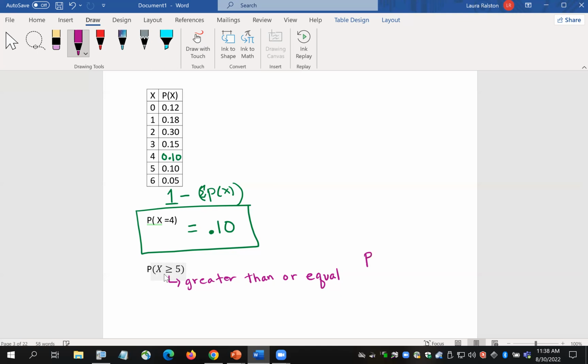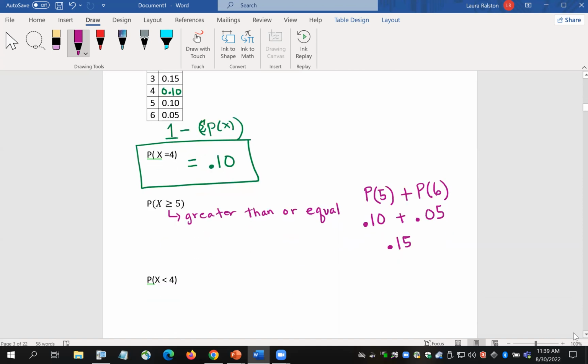Is it 0.15? It is 0.15 because they could stay 5 years, because it could be equal or greater than, they could stay 6. So you're right. We're going to add together the value for 5 and the value for 6, and you are correct. It is 0.15. So the probability that a new hire stays greater than or equal to 5 years is about 15%.